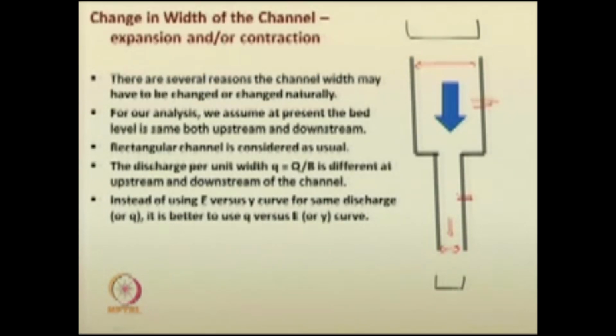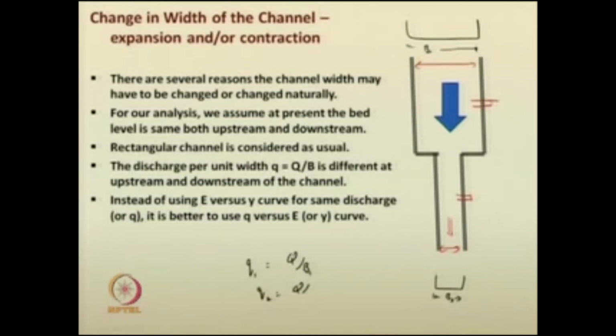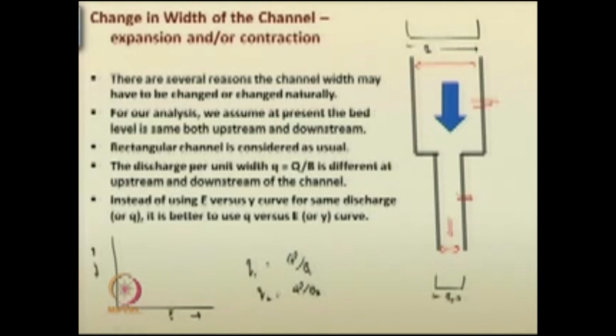You know the quantity q is equal to Q by B. So, here if the width of the channel is B1 and here the width of the channel is B2, you have q1 equal to discharge Q by B1, q2 equal to Q by B2. Recall our specific energy versus depth curve.